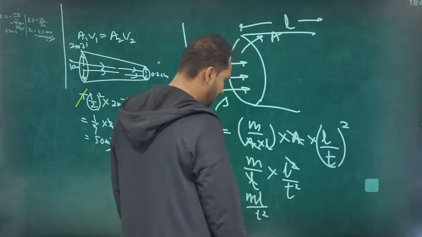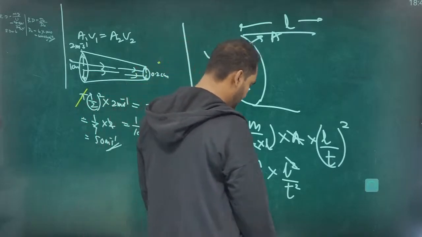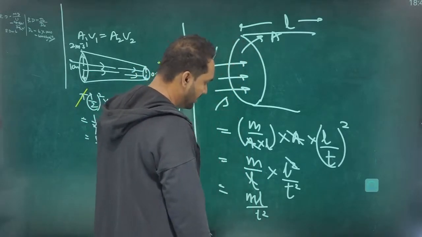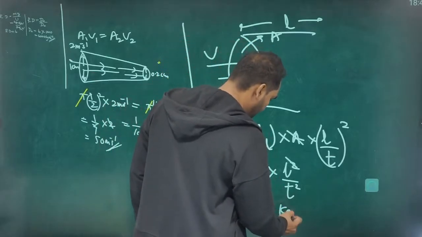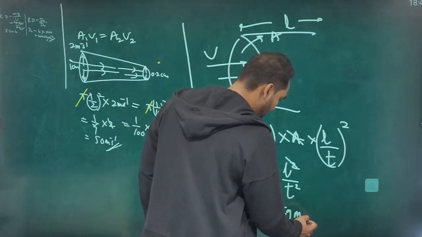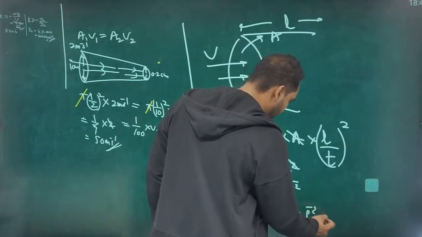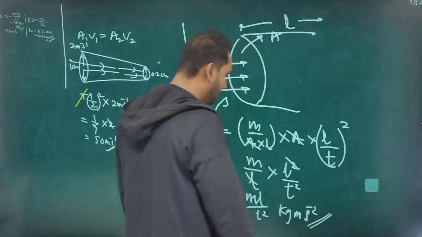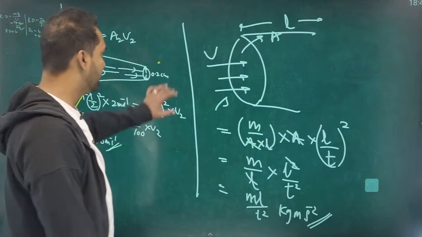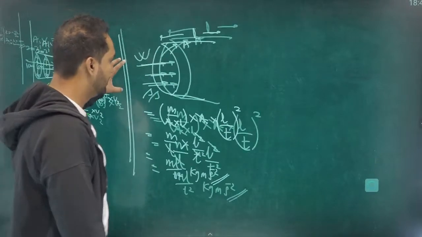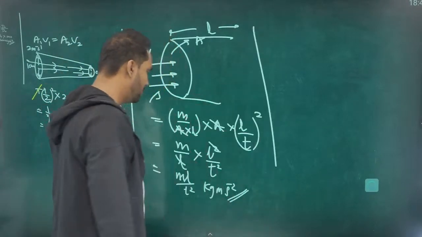If I take this in units, m is mass in kilogram, L is meter, T is second: kilogram meter per square second. This is basically force. So even force is not going to work.